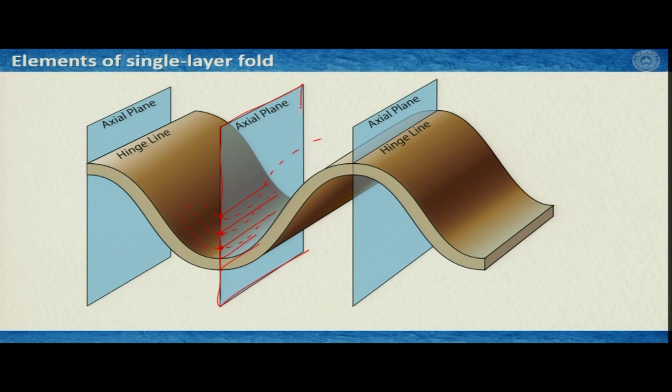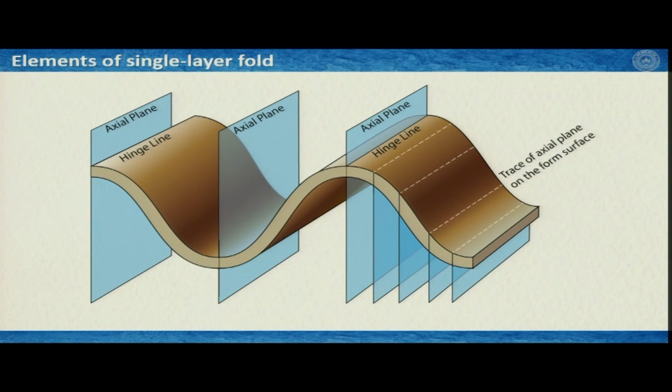This surface is known as axial surface or axial plane that essentially has to pass through the hinge line. Now, you can construct a series of planes parallel to the axial plane. This is your hinge line, and these parallel axial planes would intersect on the fold surface. You can see this axial plane is essentially passing through the hinge line. Of course, this is how it has to be. This also defines the fold axis.